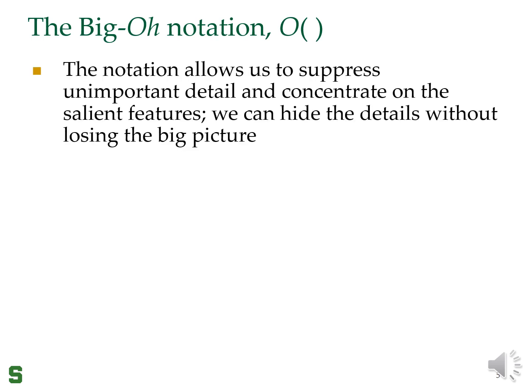Okay, so big O notation allows us to suppress unimportant details and concentrate on the most important features of the algorithm, and we can do that without really losing the big picture.